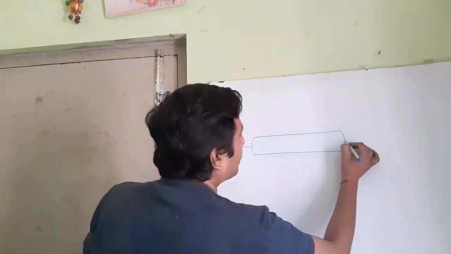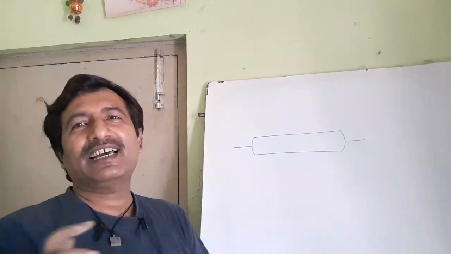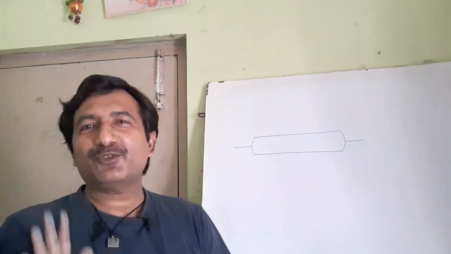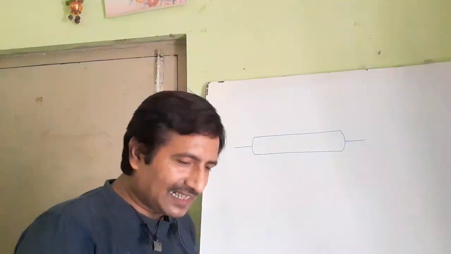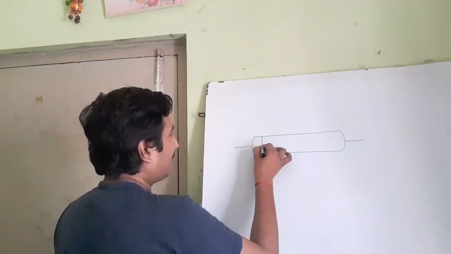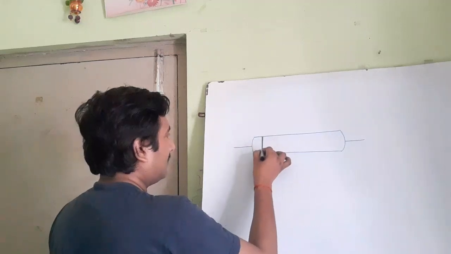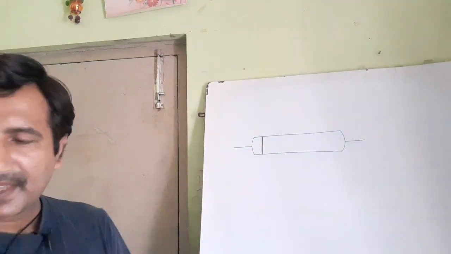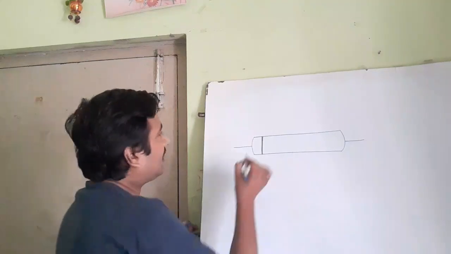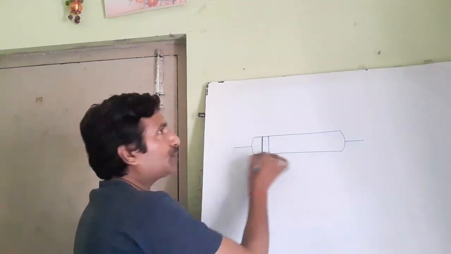It is not so big, but I have represented it with a large diagram so that you can understand the thing clearly. And suppose this is the first color. This first color is black. Okay, and suppose the second color is blue.